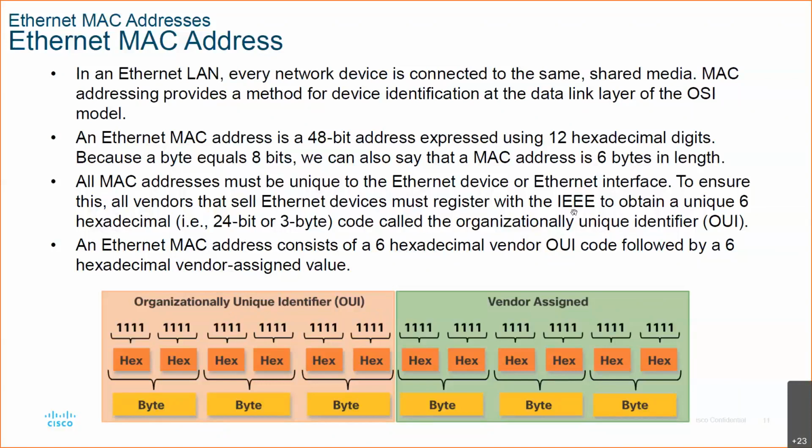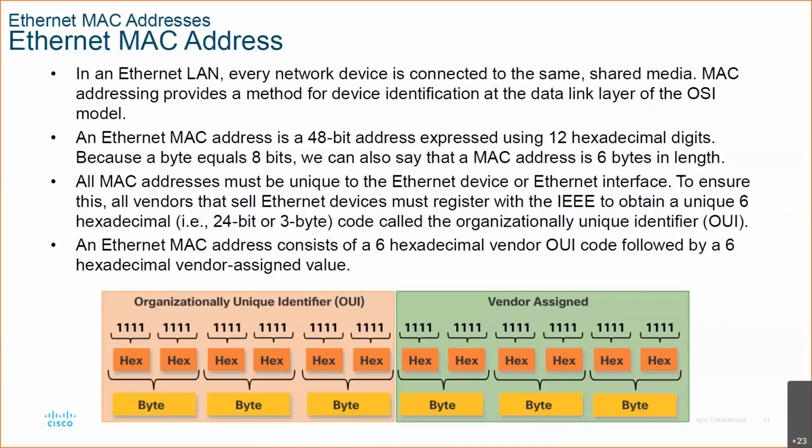My OUI will be 3 bytes consisting of 6 hexadecimal digits, given to me by IEEE. Then I go back to my factory and add another 3 bytes, another 6 hexadecimal values. This will be the vendor-assigned value. This makes sure that every device with a MAC is unique in this world.